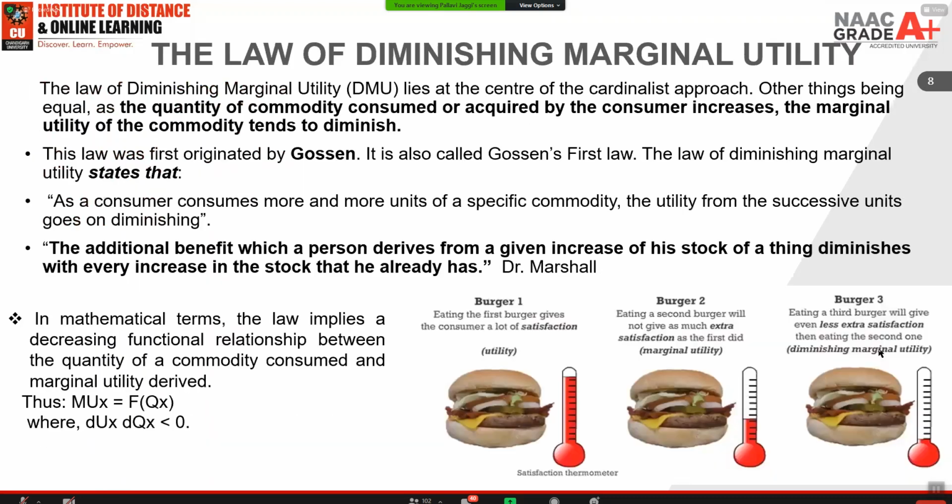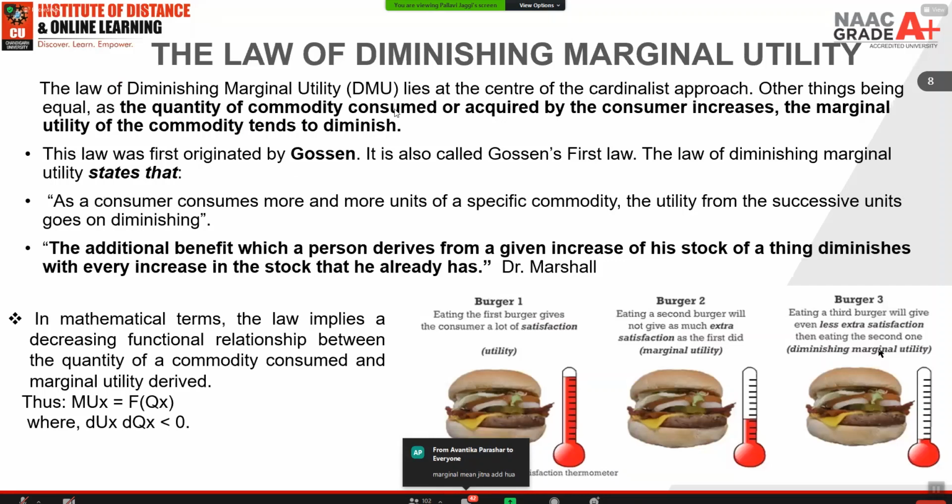Now coming to the concept related to these two types of utility, the law of diminishing marginal utility. The law of diminishing marginal utility lies at the center of the cardinalist approach.